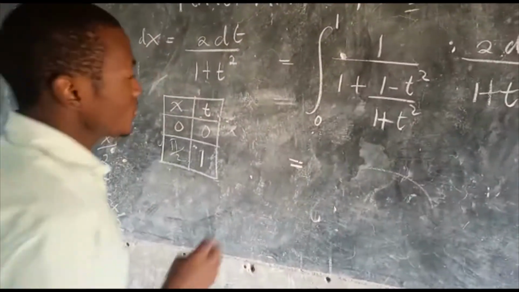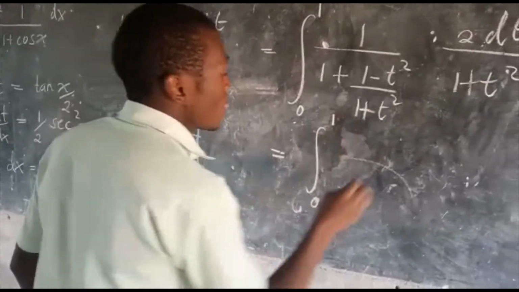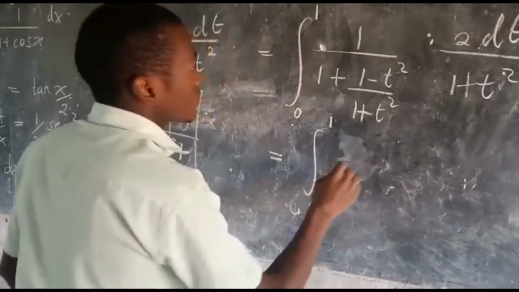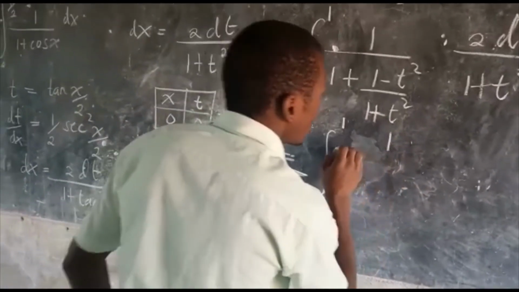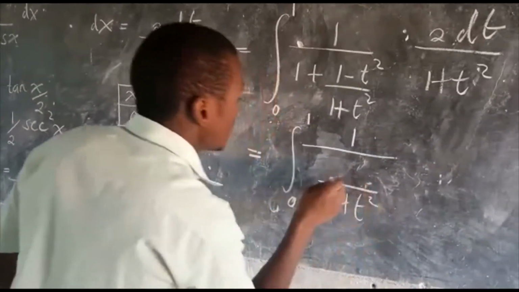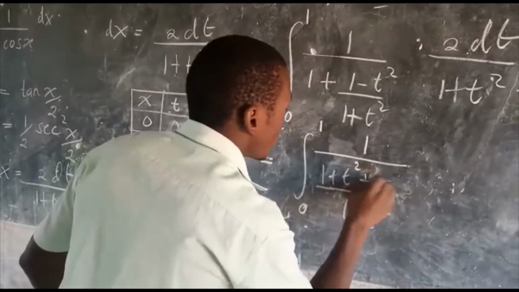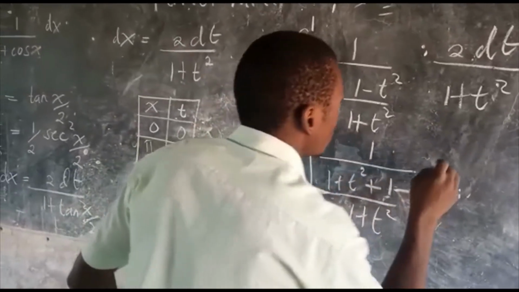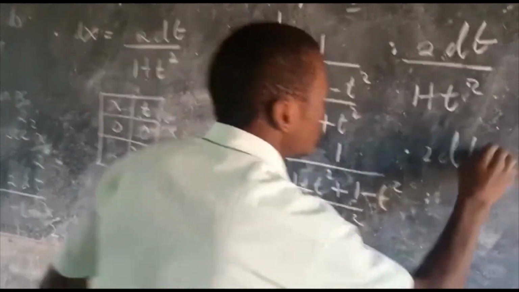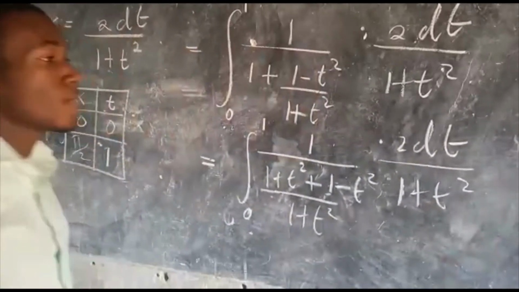This is equal to the integral from 0 to 1 of 1 over, with the LCM 1 plus t squared, 1 plus t squared plus 1 minus t squared, times 2 dt over 1 plus t squared.